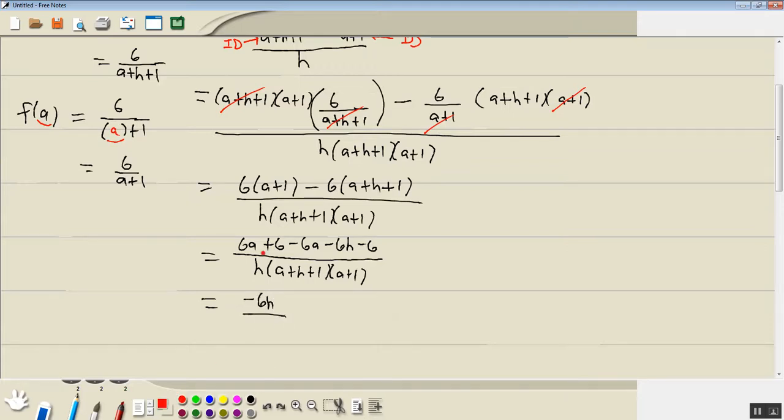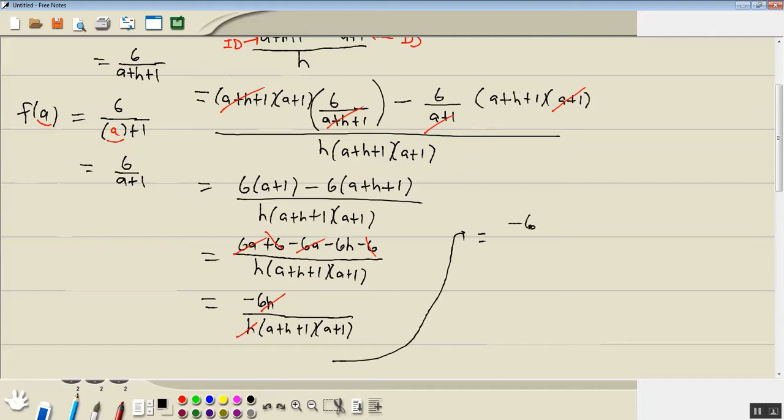I don't know if that's true or not. Let me see. Okay, those are gone. These are gone. That is true. Then h times a plus h plus 1 times a plus 1. Now that I've done that, up on top we got negative 6 times h. So since that's multiplication, that h down there will cancel with this h here.